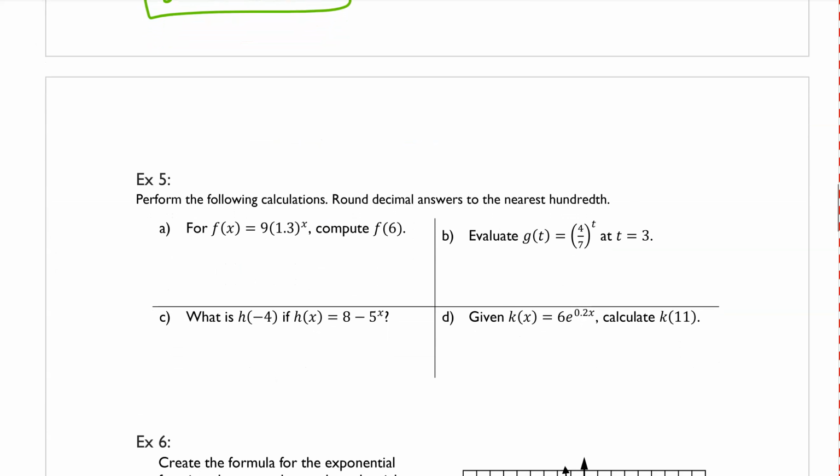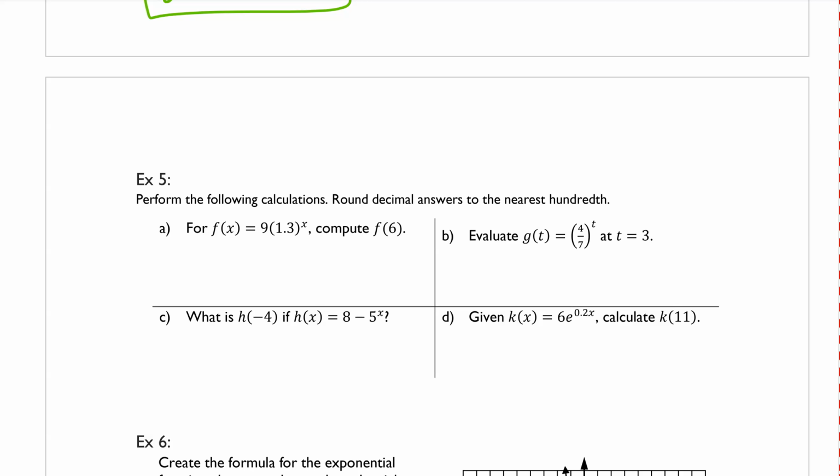All right, so example 5 asks us to perform some calculations with exponential functions, and we want to round our decimals to the nearest hundredth. So most of these you should be able to throw into your calculator, so I'm just going to give you the answers and make sure that you're able to plug them into your calculator and get the same answer.